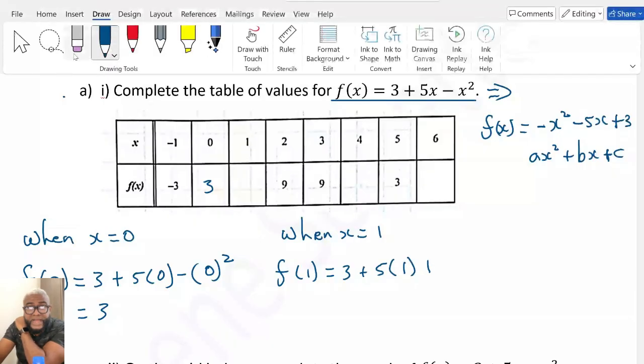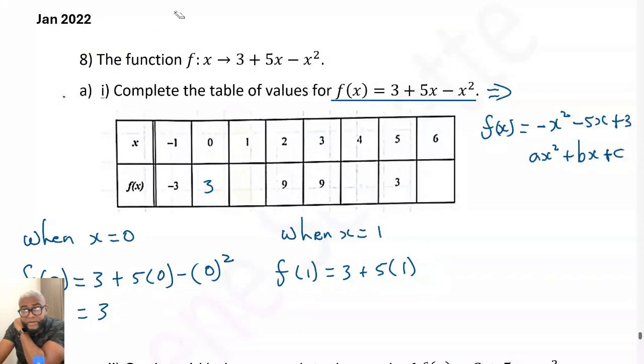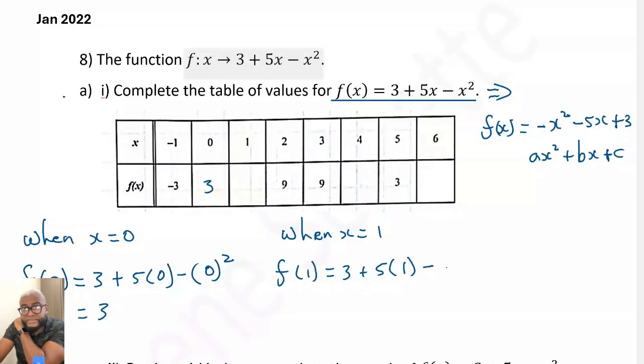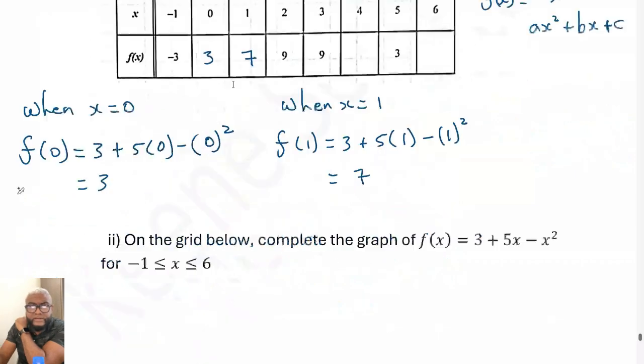Not plus, minus x to the power of 2, and x in this case is 1, so it'll be 1 to the power of 2. What does it work out to be? Let's give me the straight answer. 7.